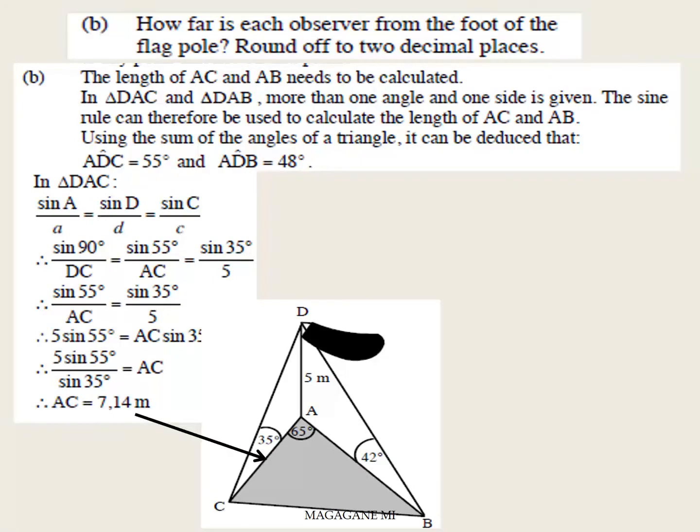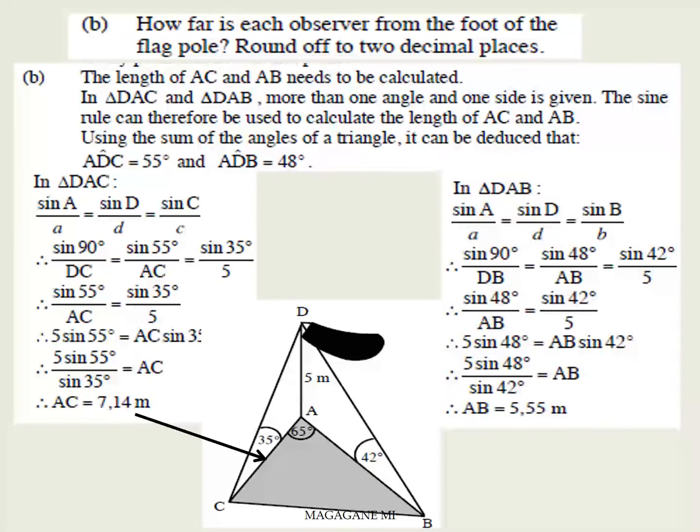To calculate AB, we use triangle DAB. We substitute using sine rule. Sine 48 over AB equals sine 42 over 5. And then you cross multiply and solve. Therefore, AB equals 5.55 meters.